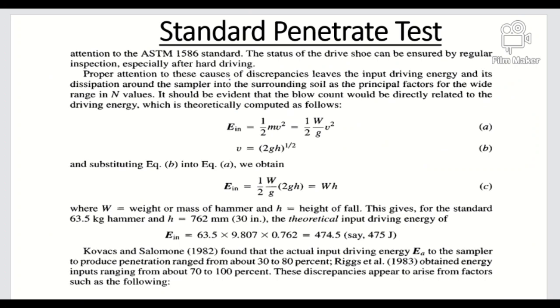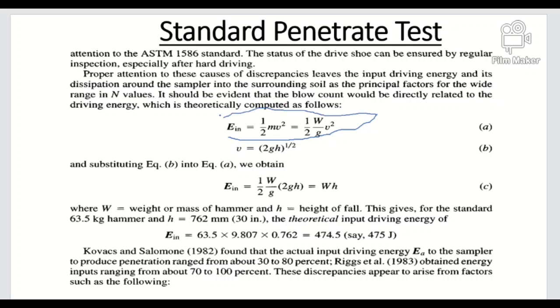Here, when the hammer is free falling from a height of 760 mm, it will create energy on the SPT rod or sampler, and then it will penetrate into the ground.